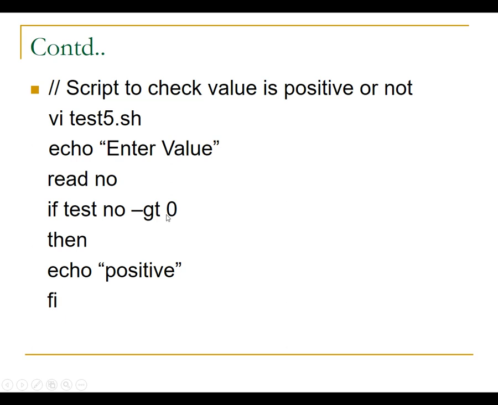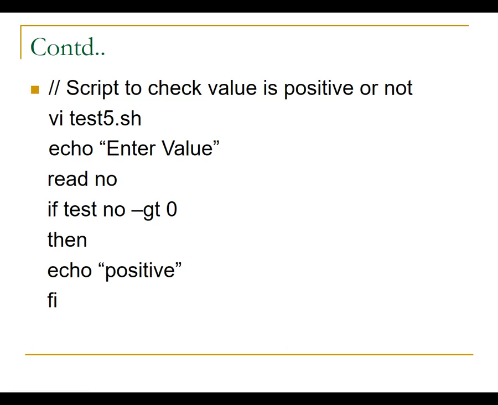So if my entered value is greater than 0, then it prints the message onto the screen that is positive, otherwise it will display nothing onto the screen. So in this particular code I have just used the if statement.